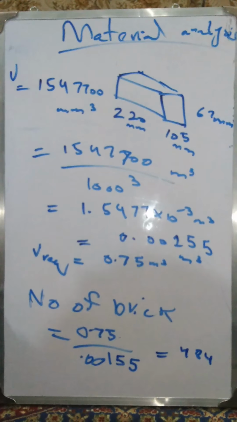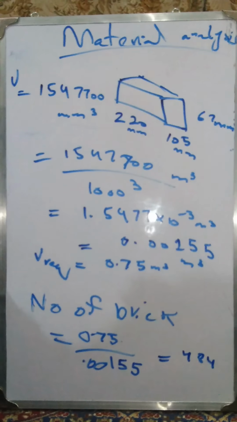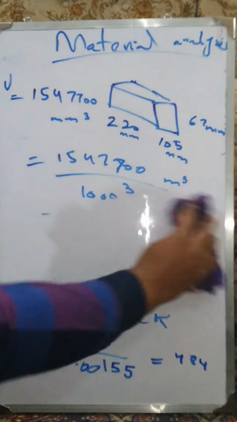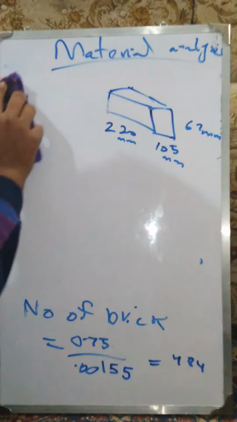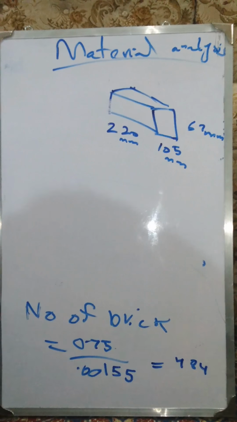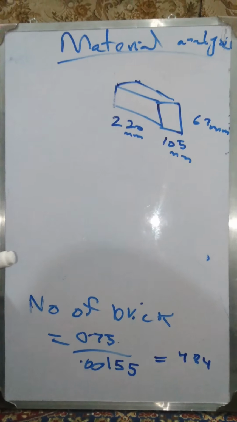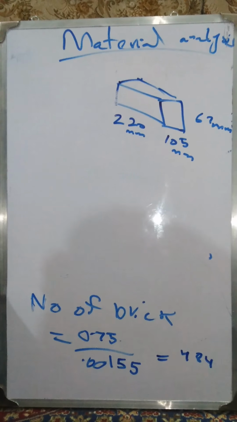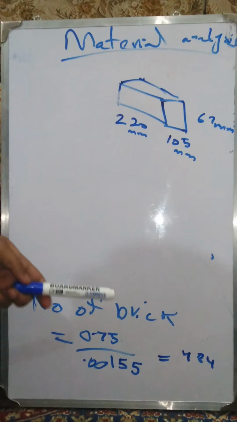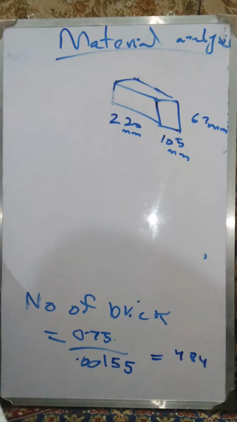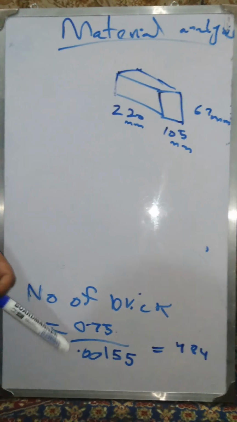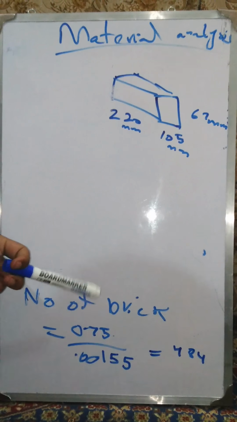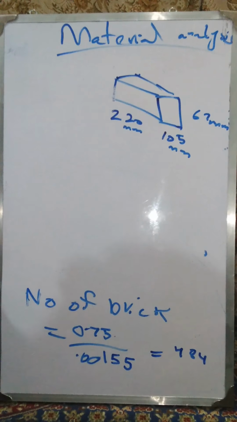Now, as the space is gone, I'm going to rub this all, and the only thing which will remain written is the total number of bricks. Now we are going to add wastage, which is equal to 5% of the total number of bricks. These are the number of bricks for 0.75 meter cube, or you can say for 1 meter cube, because 0.25 meter cube is mortar. So let's start our work.